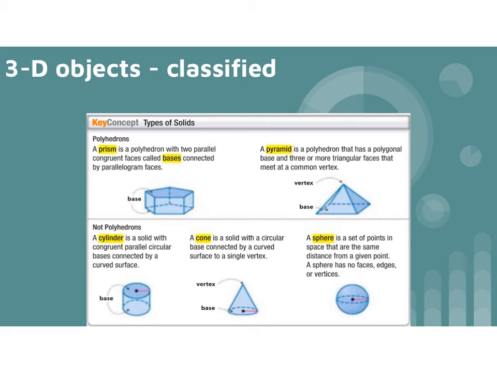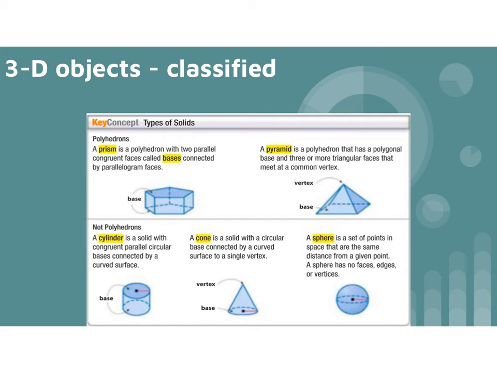Next, let's look at what are not polyhedrons. So a cylinder. Even though a cylinder has 2 parallel congruent faces, we have the top and bottom, it is connected by a curved surface, so it is not a polyhedron.